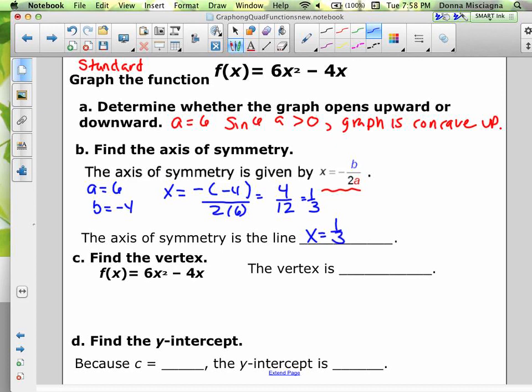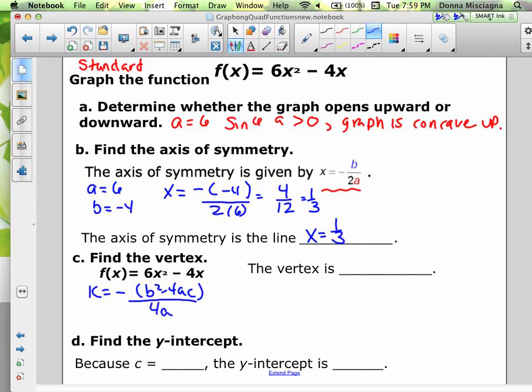So in a previous lesson, we changed the scale because our numbers were too big. In this lesson, we might change the scale because our numbers are kind of teeny. But let's find out the y-coordinate of our vertex, and it's in standard form. Let's just plug it in. And so here we have a 1/3. Actually, you know what? Since it is a 1/3, and we didn't do the k formula in the last lesson, let's use our k formula. All right, so k is equal to negative, all negative, b squared minus 4ac divided by 4a.